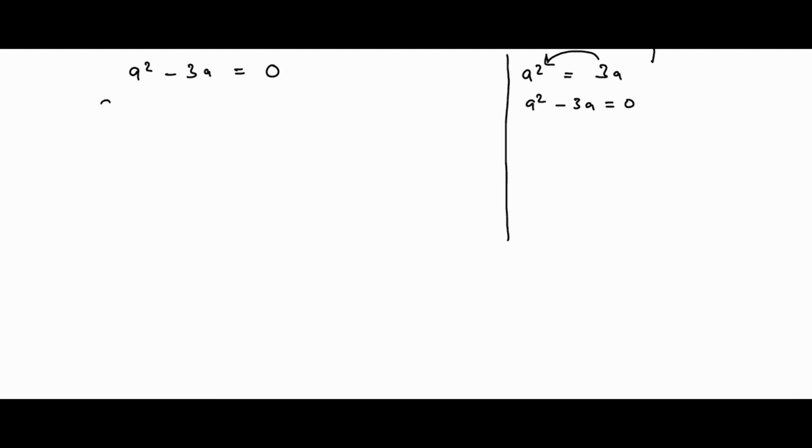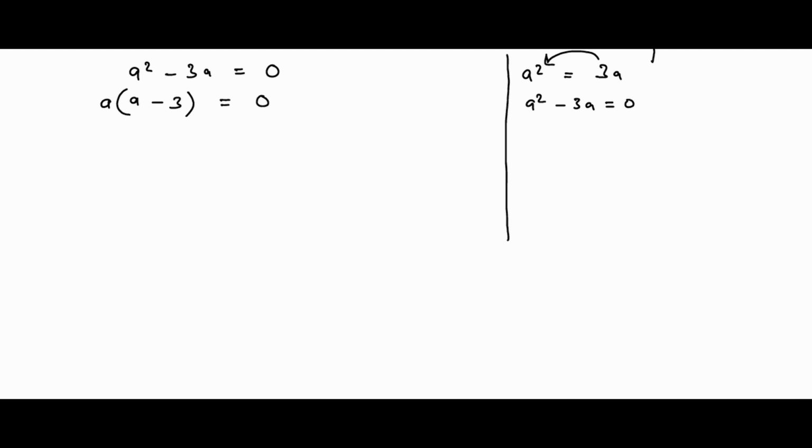Saka if we factor out a panapa, munomu tinoita input a, because a times a ndo inotipa a squared. Then panapa we need a term yoti tikai multiply na a inotipa minus 3a, of course ndi minus 3. a times minus 3 is equal to minus 3a. This is equal to 0.